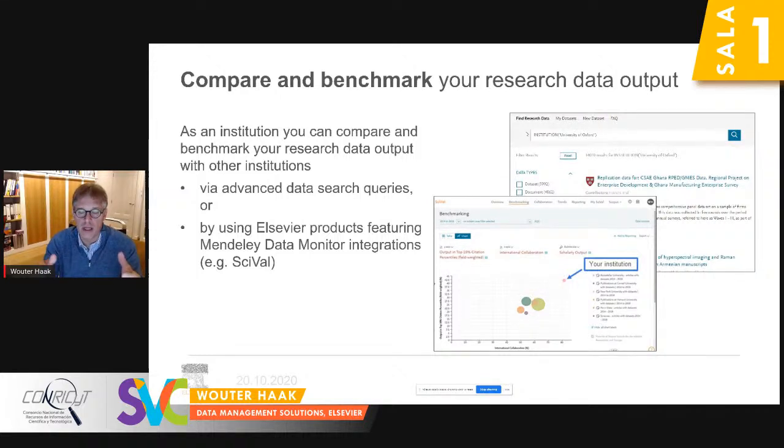We can help you discover where your data is shared, but you can also look at other institutions and see where they are sharing their data and what data they are sharing. We are the only product where you can make these comparisons between universities and compare what your researchers are doing and what other institutions are doing.